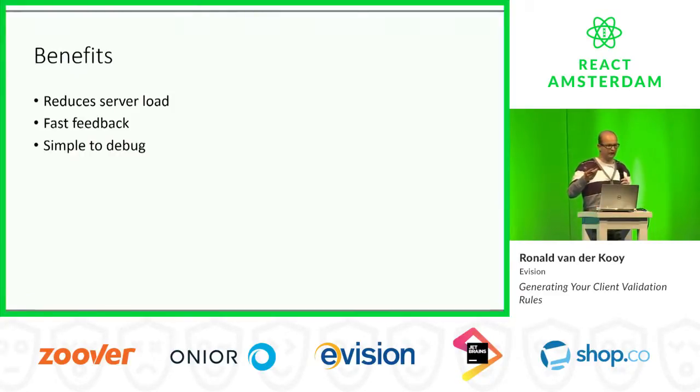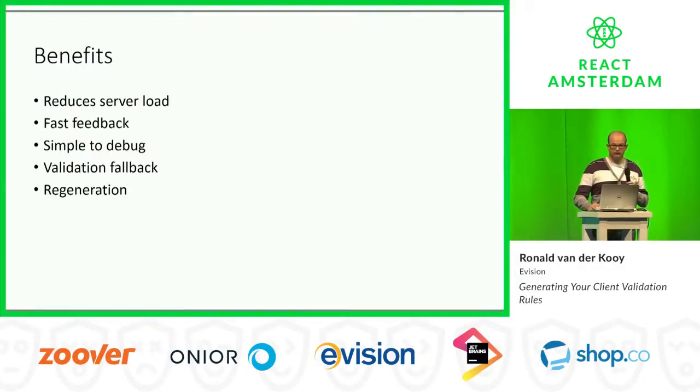You can put your breakpoint anywhere. You can hook up your logging framework in there. And we still have a validation fallback because, yeah, you might not be able to generate everything, but there's always the server for you as a last defense, right? And we could regenerate it. When the config changes per customer, we just regenerate the file and you will get the new validations.